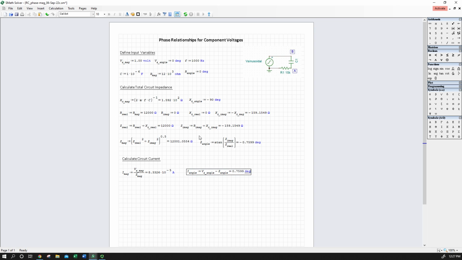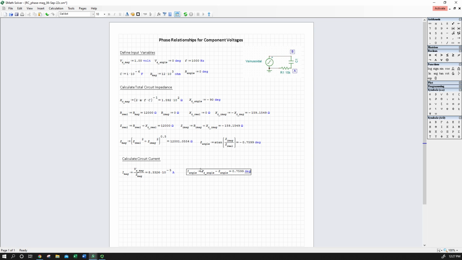So notice my total impedance angle was negative, indicating it was net capacitive, but the current's positive, and that is because of the operation of Ohm's law, where I'm basically dividing my zero angle voltage source. Again, that was arbitrarily defined as 0, but I'm subtracting my total impedance angle because I'm dividing it.